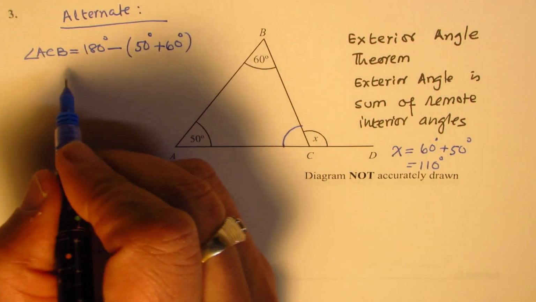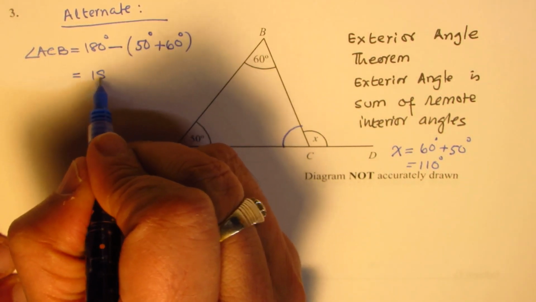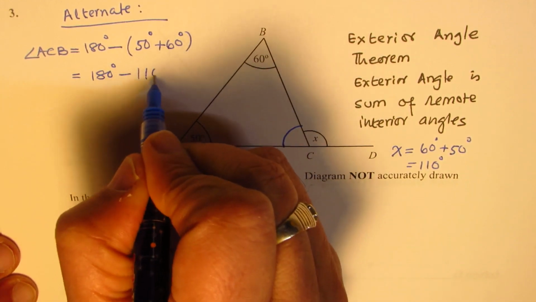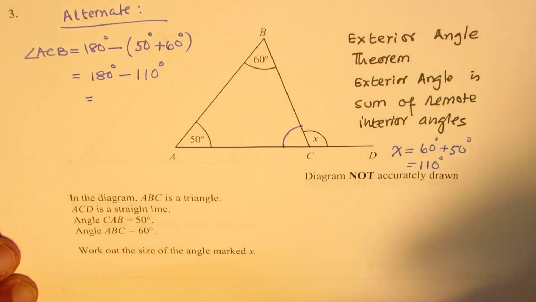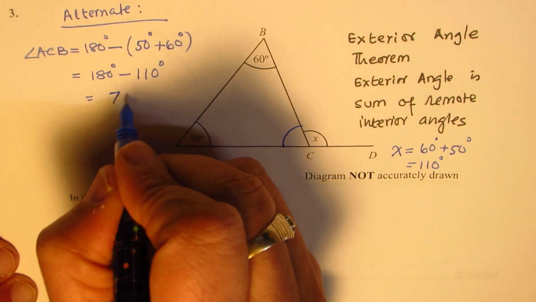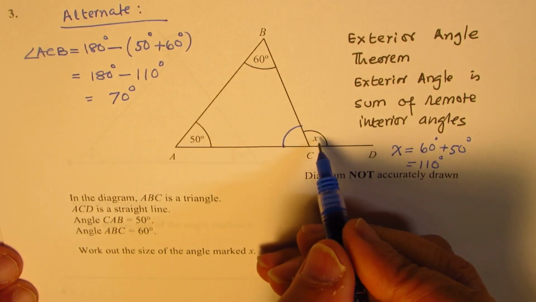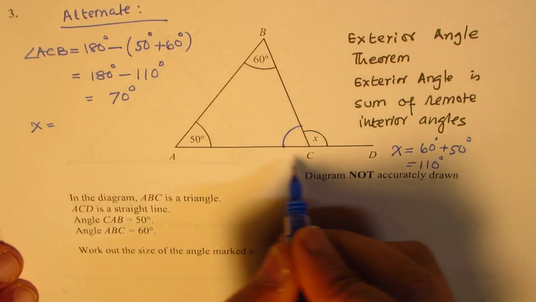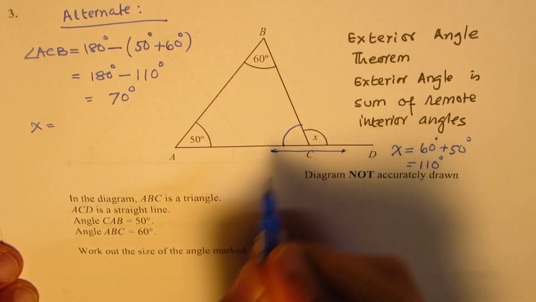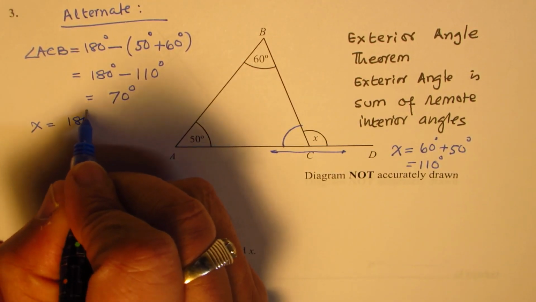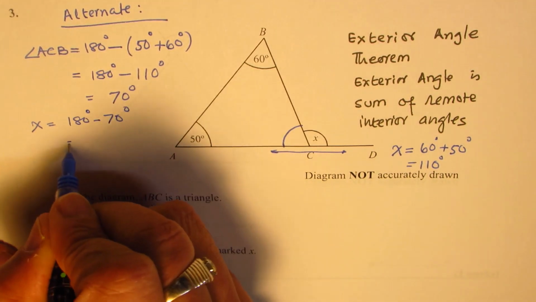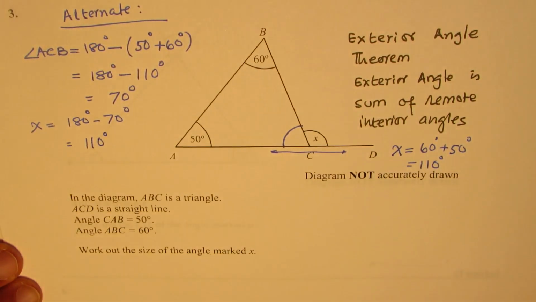And once you figure this out, which is you do 180 degrees minus 110 degrees, and then what you get here is 70 degrees, correct? Now angle x is, because that is a straight line, correct? So we have this as 180 degrees minus 70 degrees, which is 110 degrees. So we get the same answer.